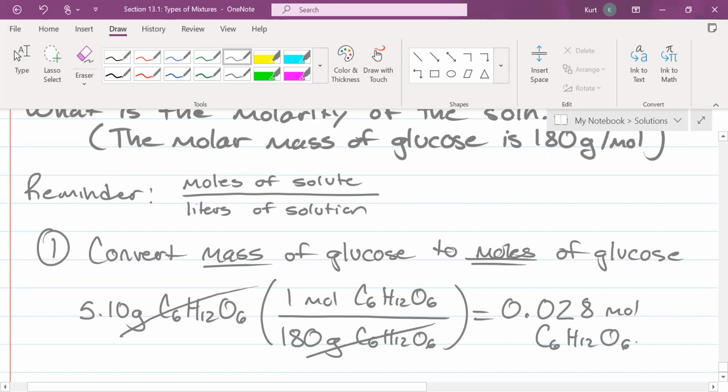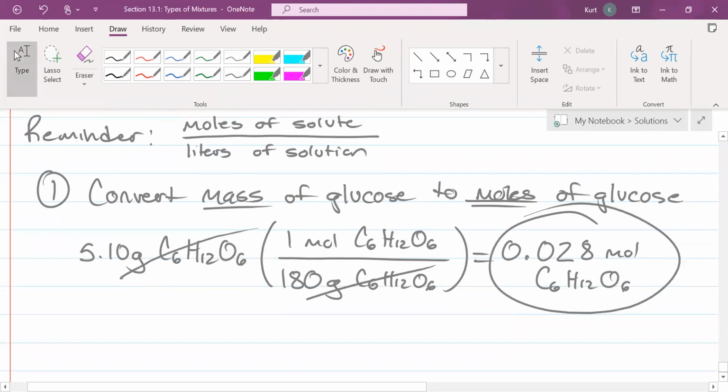That's what you're going to put on the top. Now, listen up. Do you have liters of your solution? No. You have milliliters of your solution. So you now need to convert milliliters to liters. A lot of people in hospitals will say mils.